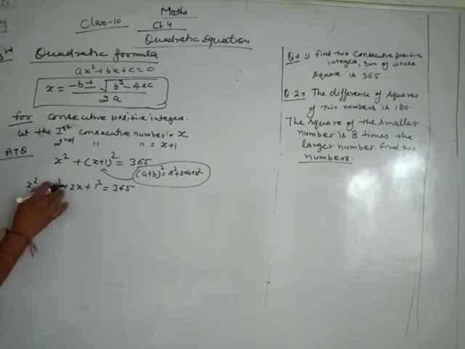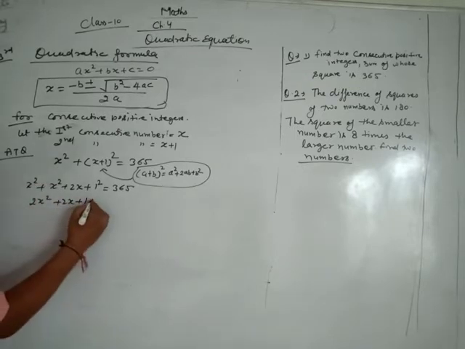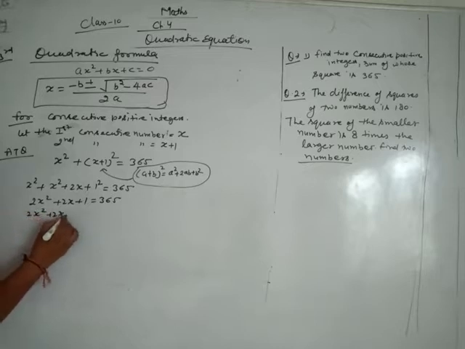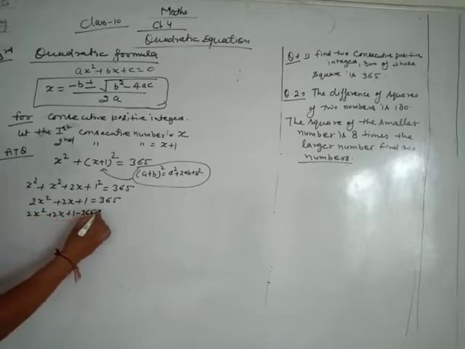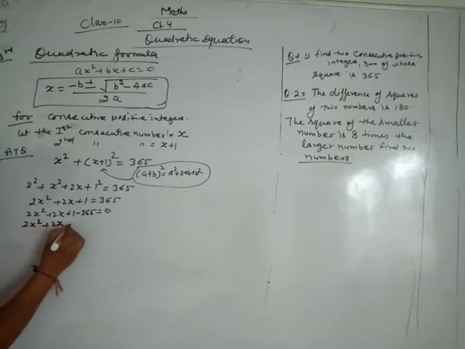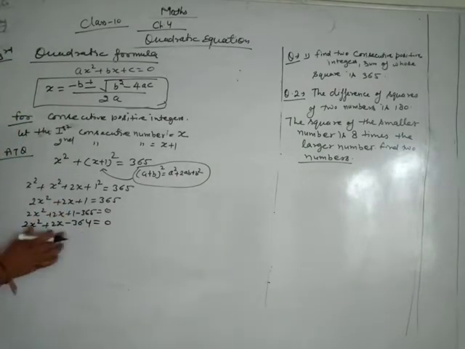Again, x square plus x square means 2x square plus 2x plus 1 equal to 365. Take 365 to the left: 2x square plus 2x plus 1 minus 365 equal to 0, so 2x square plus 2x minus 364 equal to 0. And 2 is common, so we divide the whole equation by 2.